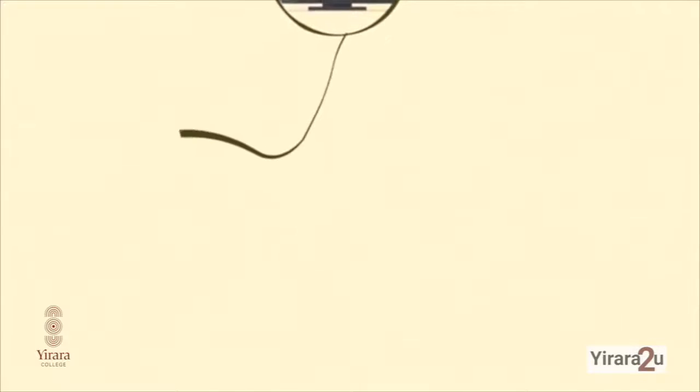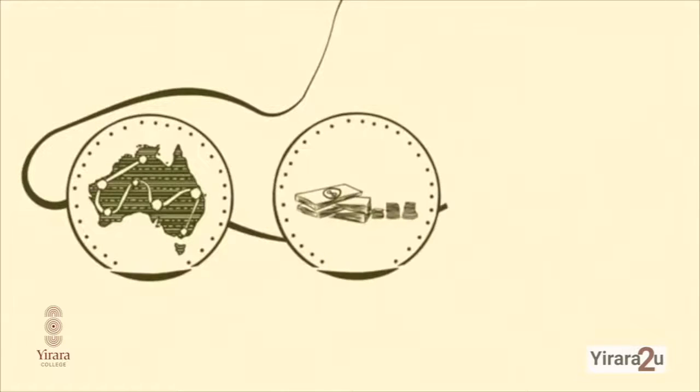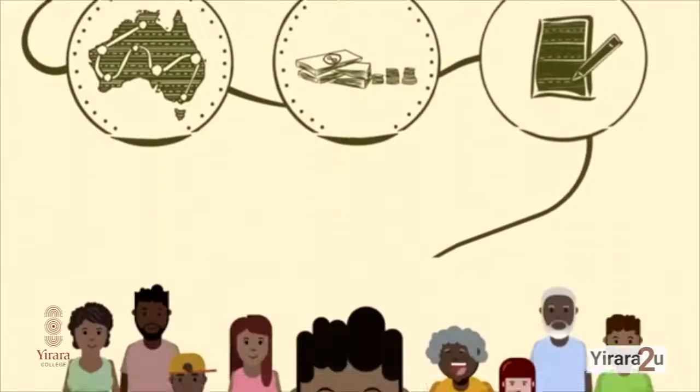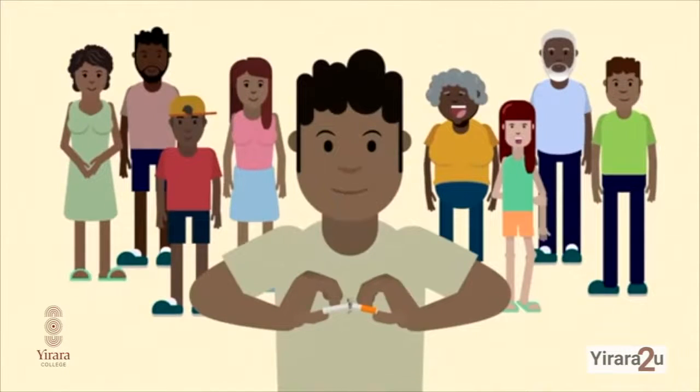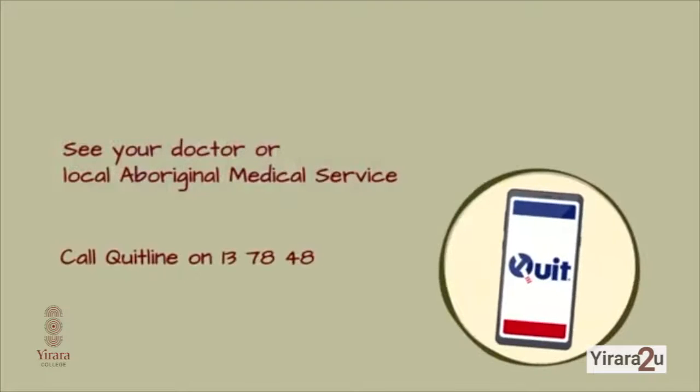These programs can be strengthened with expanded coverage, longer-term funding, and rigorous evaluation to find out what works to tackle smoking. For more assistance in cutting back and quitting, please see a doctor, local Aboriginal medical service, or call Quitline on 137848.